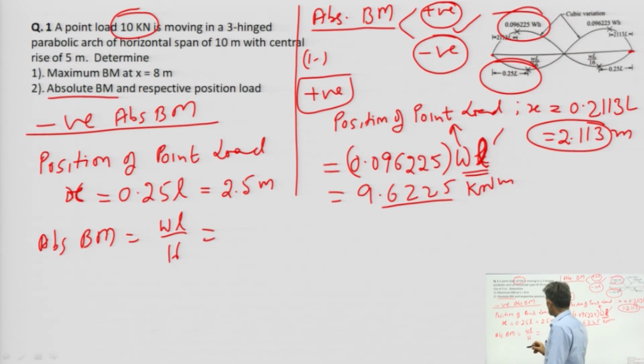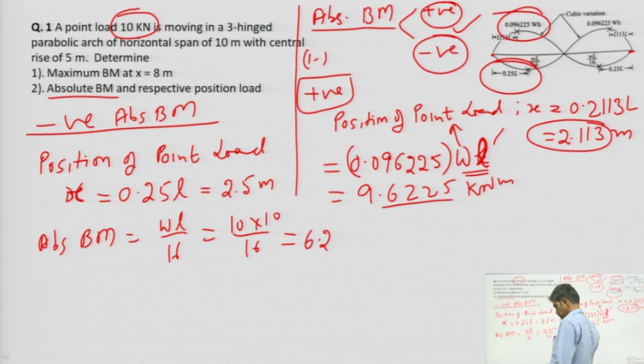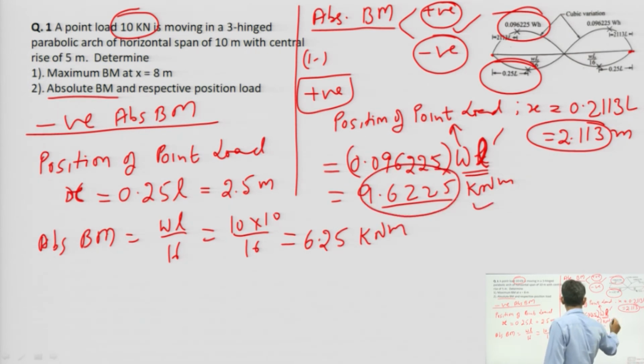Put the value of W, 10 into 10 divided by 16. So you will get 100 divided by 16, which is 6.25 kilonewton meter. So this is the maximum positive and maximum negative.